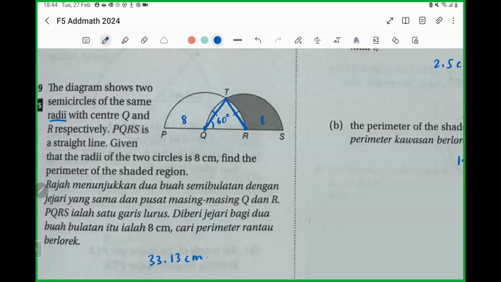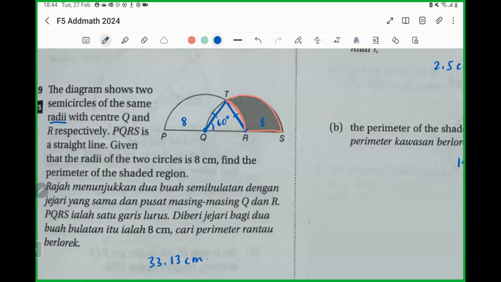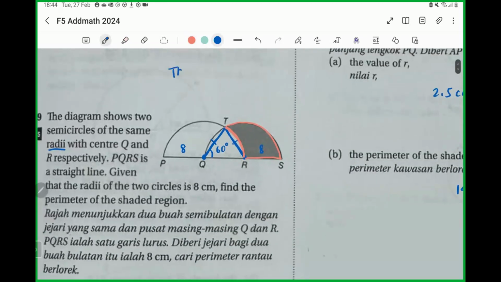So in order to find the perimeter, we need to find the length of this curve, plus the TS here, plus the RS here. Make sense? TR equals r theta, and TS also equals r theta, because it is an arc.